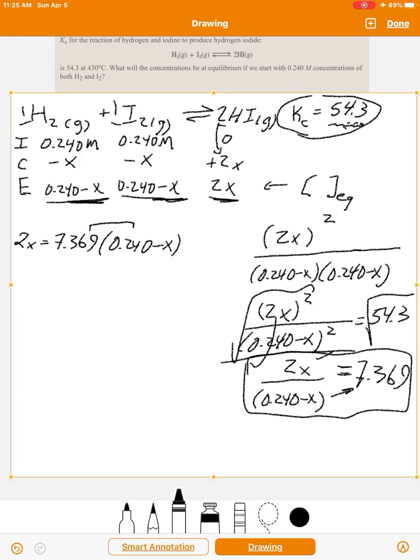You take the number in the front here and you multiply it by that, and then you subtract that number times the x. So 2x is going to be equal to 7.369 times 0.24. Well, let me go ahead and calculate it as soon as I get my calculator on. Oops.